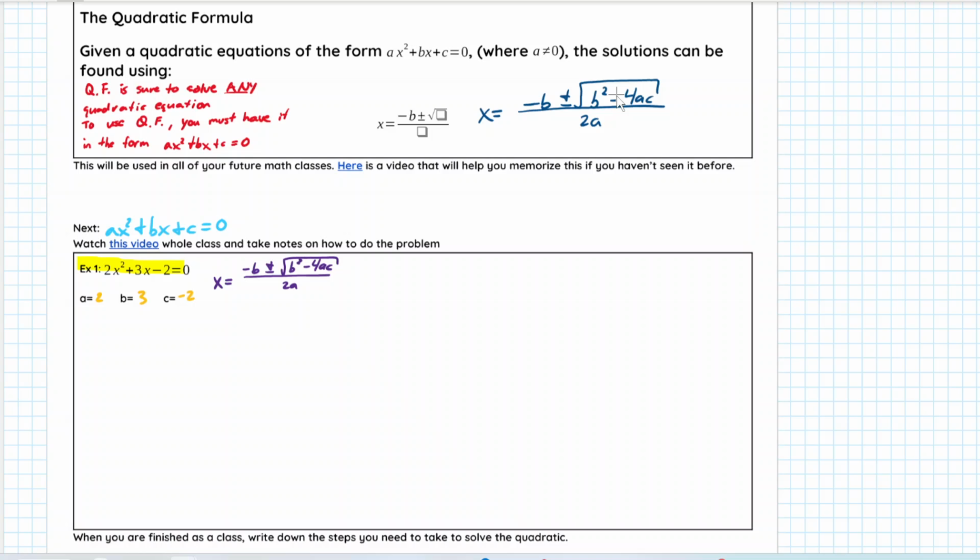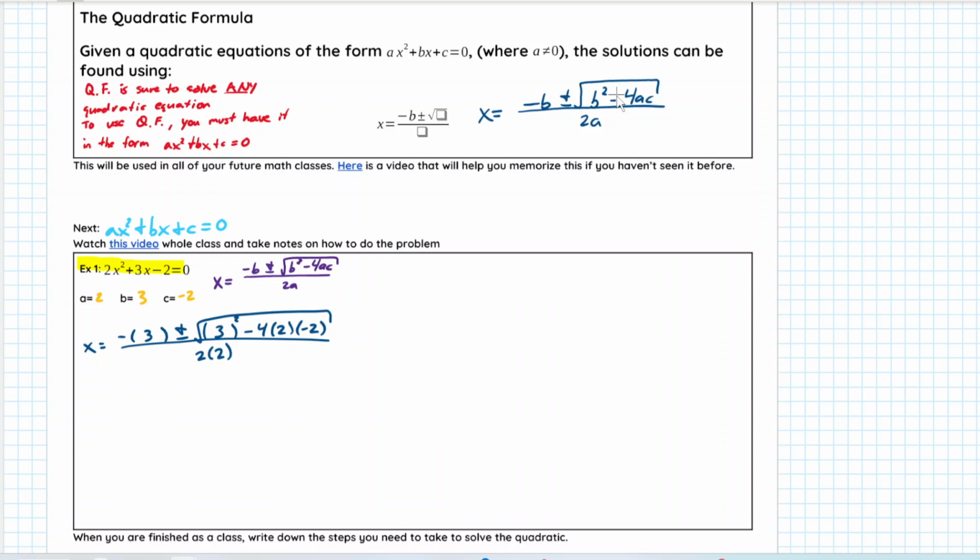And we don't need to write out our equation. We already have it there. All we're going to do, and this is literally just plugging things in: negative b, where b is 3, plus or minus b squared, where b is 3, minus 4, a is 2, c is negative 2, square root, all over 2 times a, and a is 2.